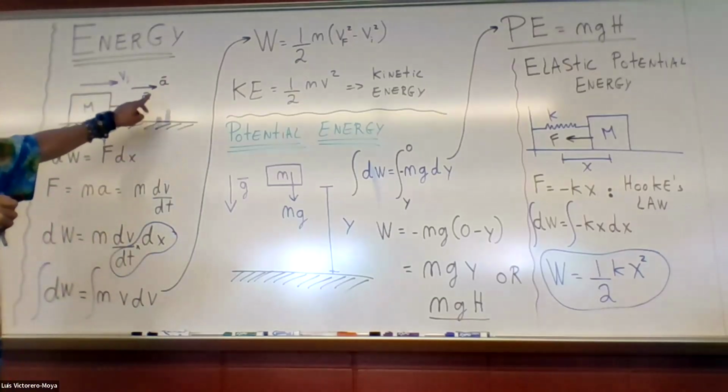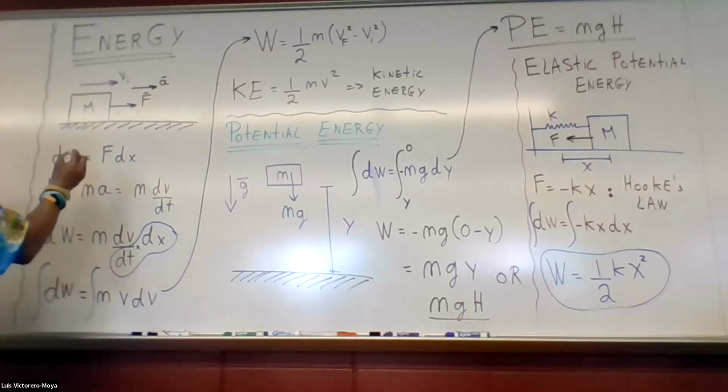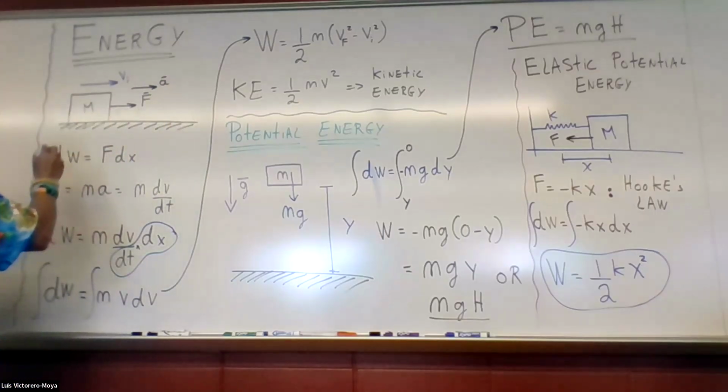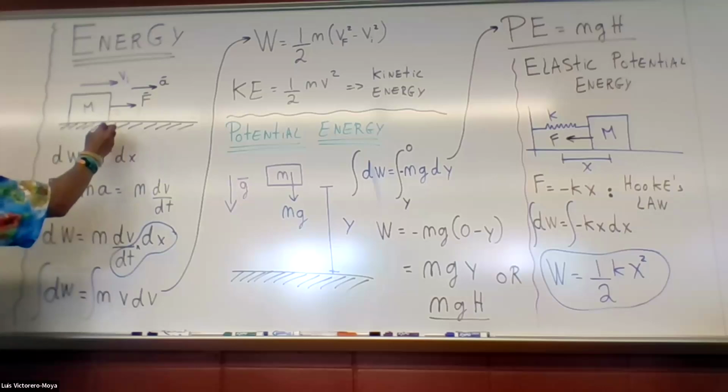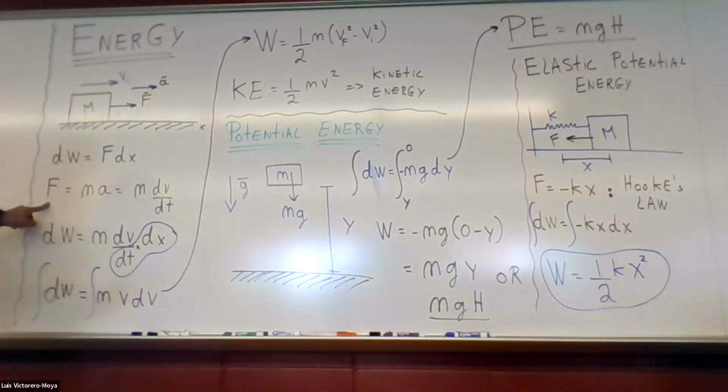Using differentials, we have work. We know work is force times displacement or force times distance, but we can write it like this. dW, the differential of work, is F dx, right? This is the x-axis. So force is mass times acceleration.